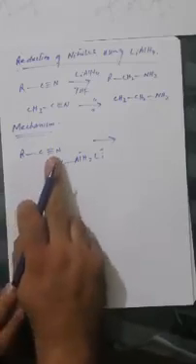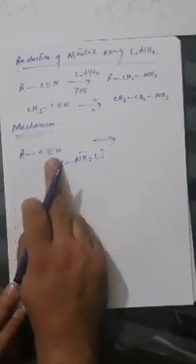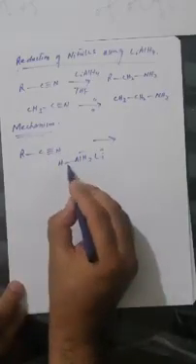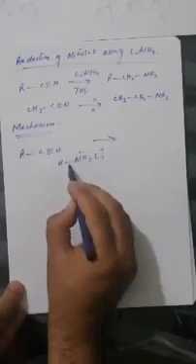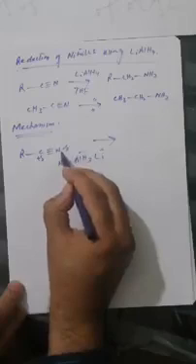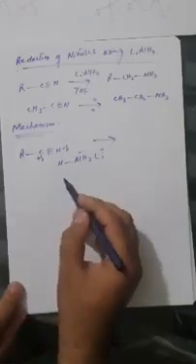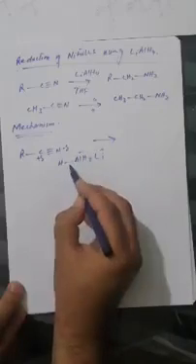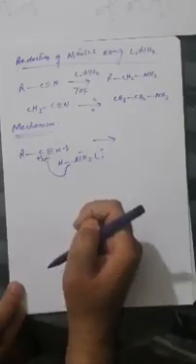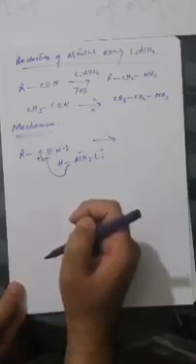This carbon triple bond nitrogen is also a polar group, and this carbon bears a partial positive and this nitrogen bears a partial negative charge. So the hydride ion acts as a nucleophile and attacks at this electrophilic center.